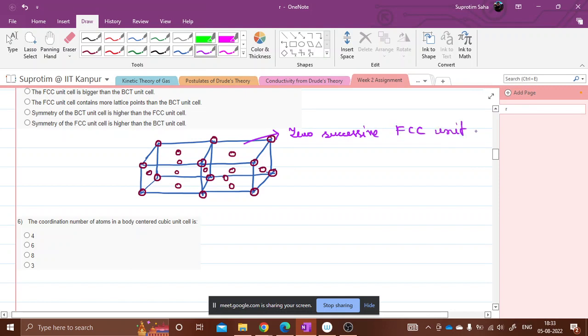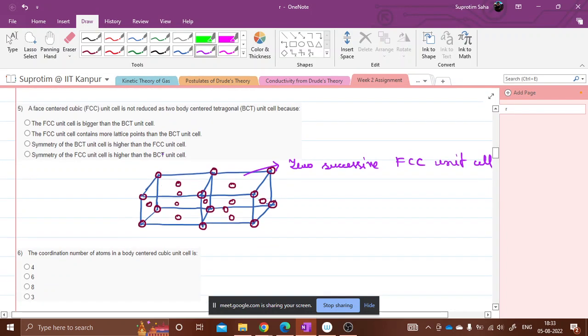Now what you can construct out of it is that you can join this, just connect the dots at the bases, and what you can essentially have is this and this.